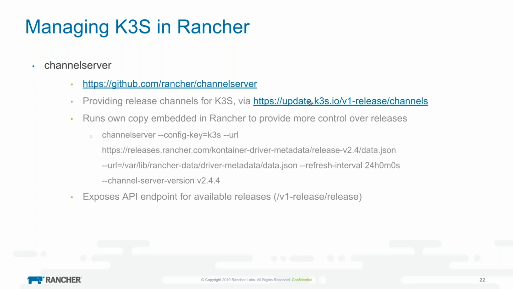Because like I said, we can possibly hook it up to K3s released versions, but we still want to maintain control of what Rancher can actually support. Does it even work? If there are other dependencies from the other components, we still need to be able to control the full chain from Rancher up to managing or upgrading K3s, and make sure that actually works.